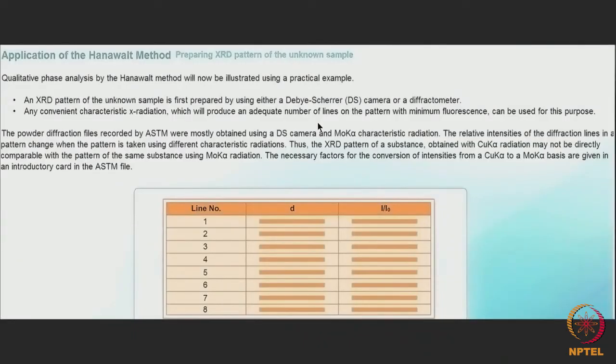Thus, the XRD pattern of a substance obtained with copper K alpha radiation may not be directly comparable with the pattern of the same substance using molybdenum K alpha radiation. So, the necessary factors for the conversion of intensities from copper K alpha to a molybdenum K alpha basis are all given in an introductory card in the ASTM file. So, this is a very important thing to remember.